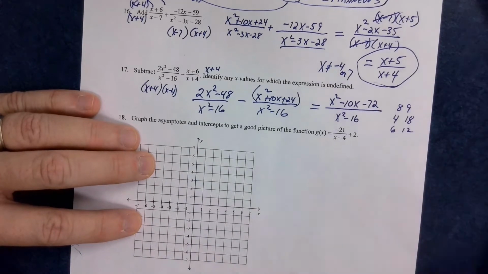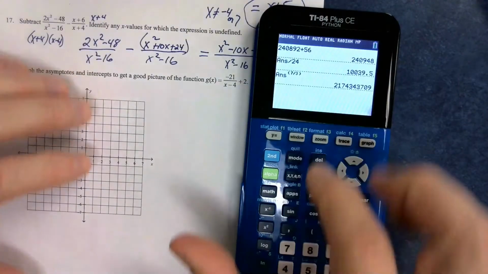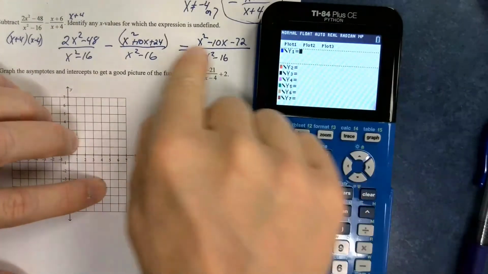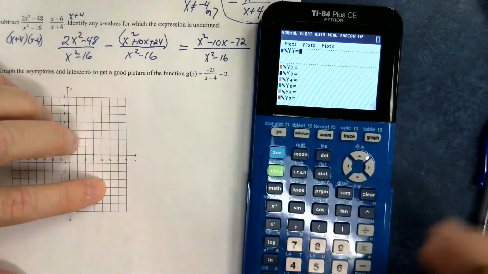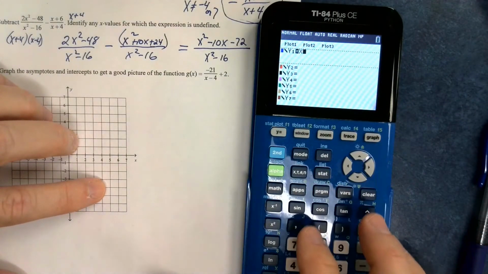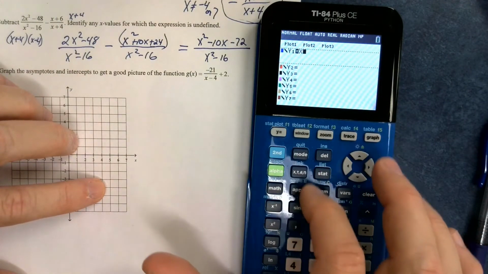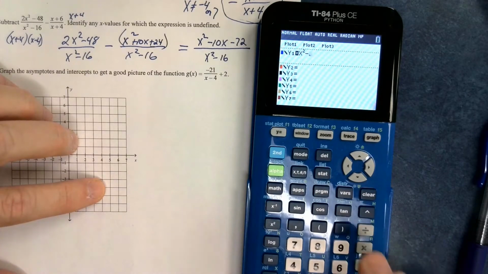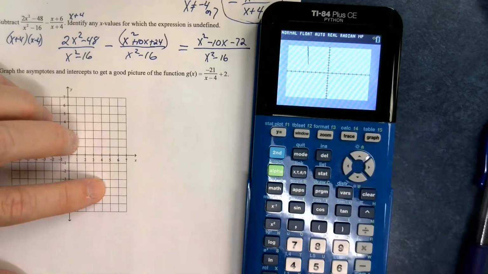So if I wanted to, I could grab my calculator really quick and check it this way. Go ahead and clear. I'm just going to check my equation. Maybe I missed some factors. So x squared minus 10x minus 72. And I go ahead and graph that.